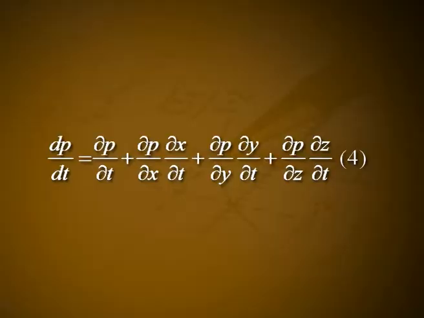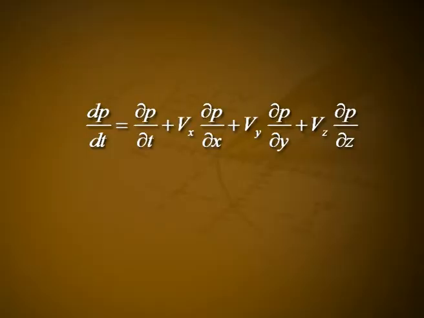Thus, we have dp by dt is equal to dou p by dou t plus dou p by dou x into dou x by dou t plus dou p by dou y into dou y by dou t plus dou p by dou z into dou z by dou t. Let it be equation number 4. Here, dou x by dou t, dou y by dou t and dou z by dou t are the components of the fluid velocity v.